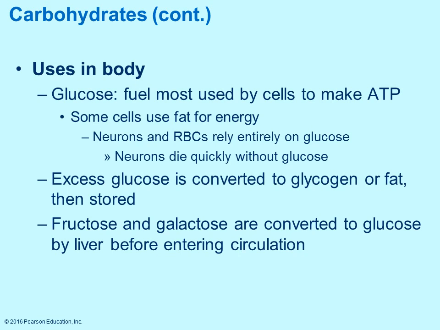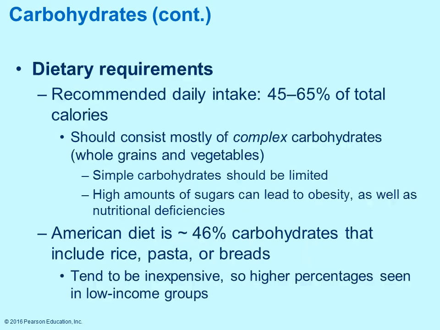Starch is long chains of glucose molecules all connected together like beads on a necklace. Glycogen also has glucose connected together in long chains, but there are branches on those chains. You do not see branching with starch. The recommended daily intake is 45 to 65% of the total calories from carbohydrates.